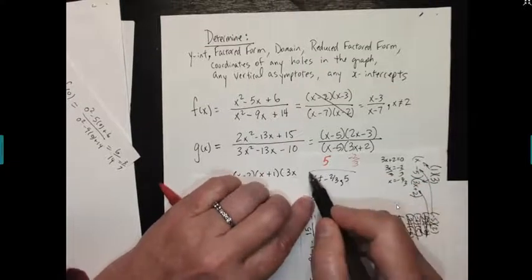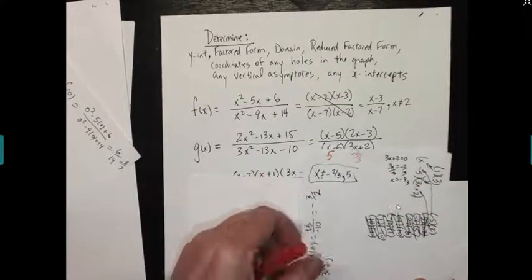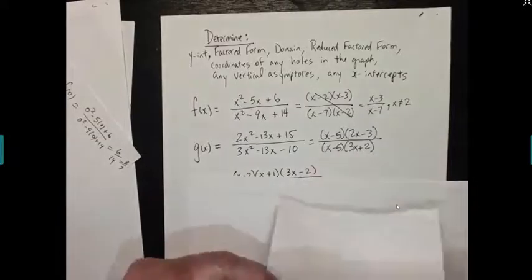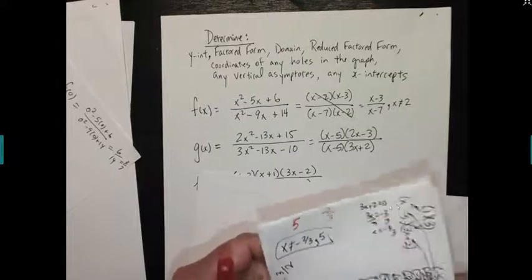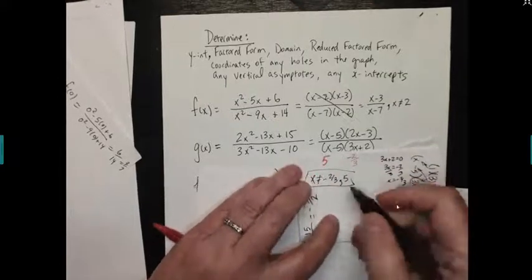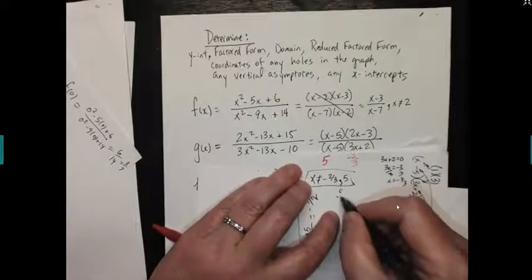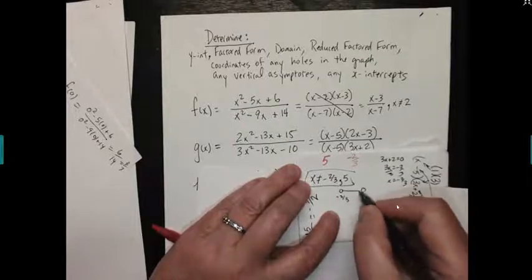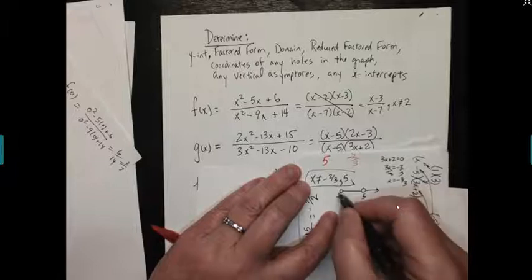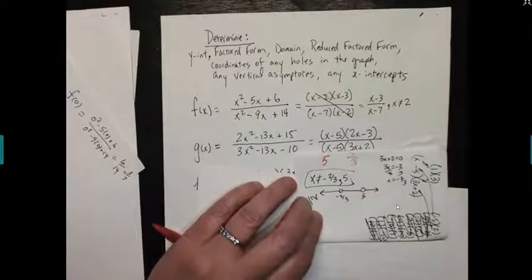That's a correct answer. However, if you were required to put that into interval form, then again, what would it look like on the number line? Well, it can be anything except negative 2/3 or 5.